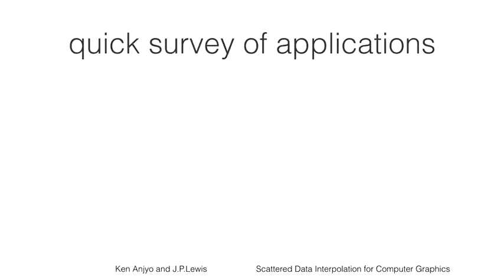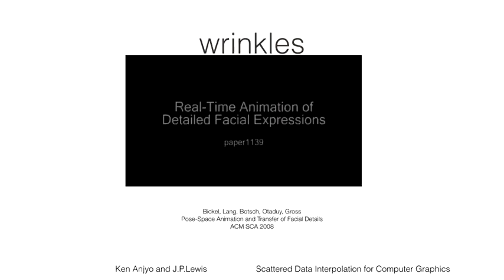Okay, so just as motivation, a very quick survey of all the things you can do with scattered interpolation. This is really an amazing tool, both in computer graphics and beyond. So just one slide each.